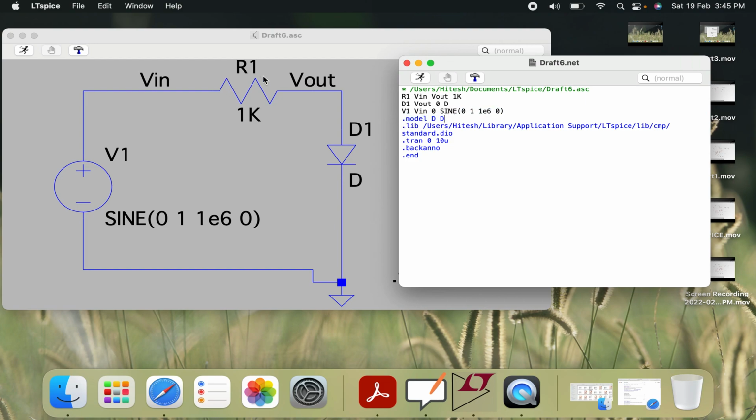Like the case of R1, the model behind a resistor is V equal to IR. Understand? So if I want to find out the current, that's V in minus V out divided by R1. That's the current, and that's the model. We call that a model, but it's a circuit model. So that is written over here, and some of the standard components are defined as per the equations given in the book.